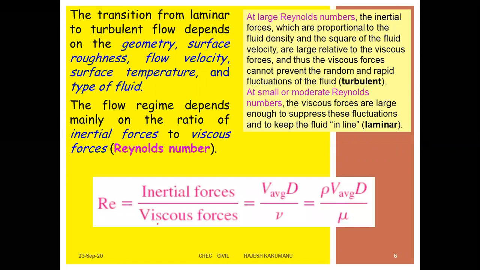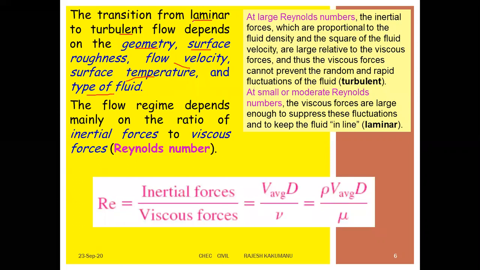Then according to the Reynolds number, the transition from laminar flow to turbulent flow depends on what? It depends upon the geometry, the surface roughness, the flow velocity, the surface temperature, and what type of fluid we are pouring into the container.